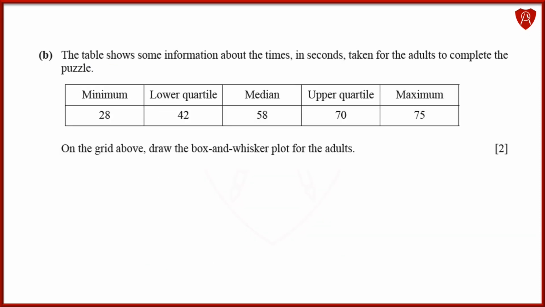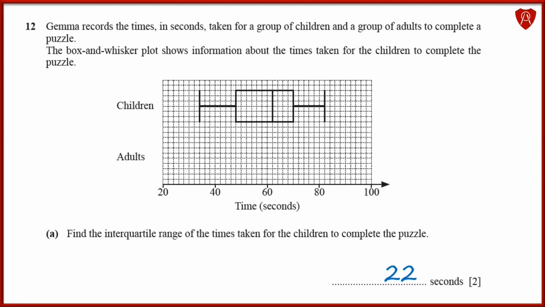Part B. The table shows some information about the times in seconds taken by the adults to complete the puzzle. On the grid above, draw the box and whisker plot for the adults. Back to this graph. The first thing to do is to show the main container, the main box, which is between the lower quartile and the upper quartile.